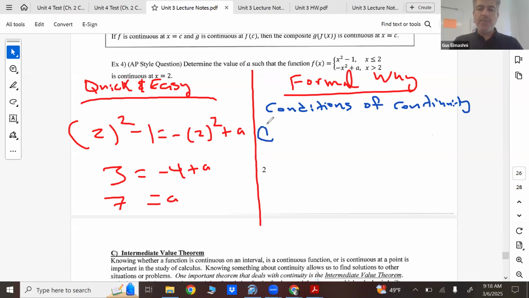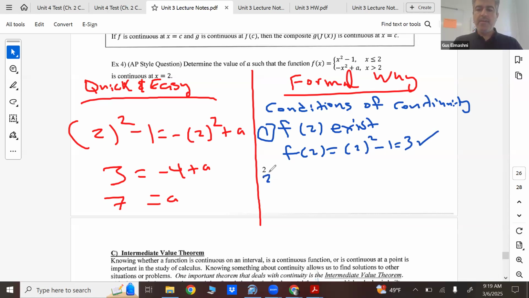The first condition. What's the first condition? f of 2 must exist, right? Well, does it? What's f of 2? Okay, good. Condition 2. What's that condition going to be? Yep, the limit as x approaches 2.